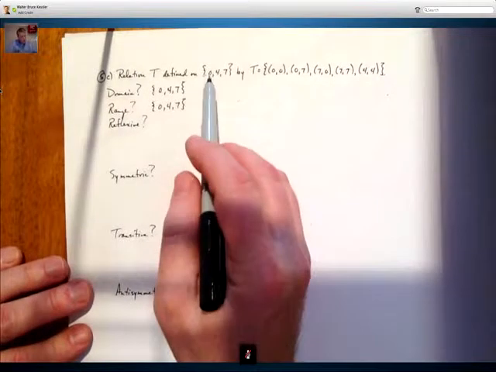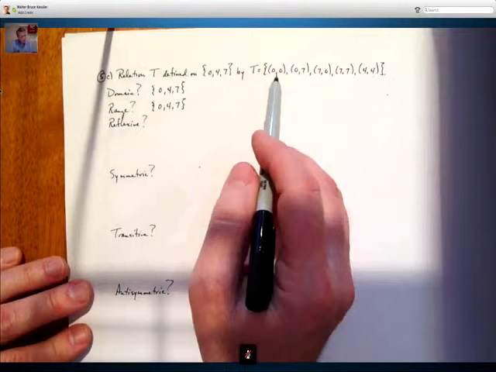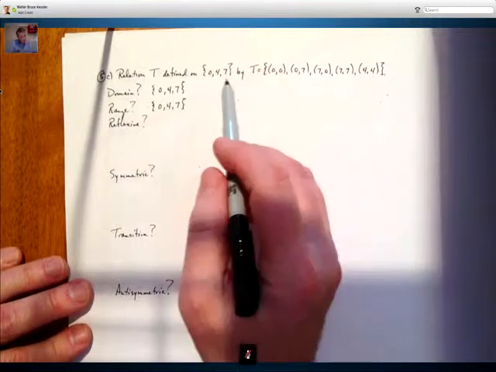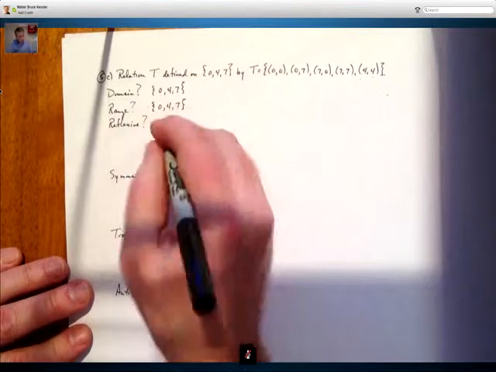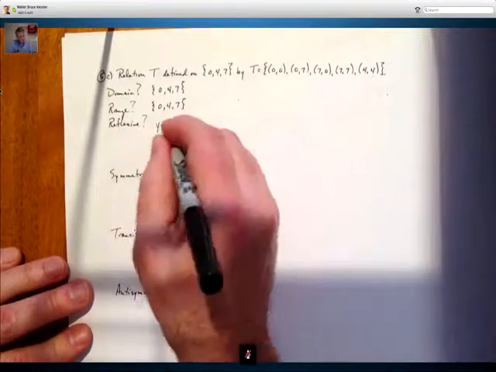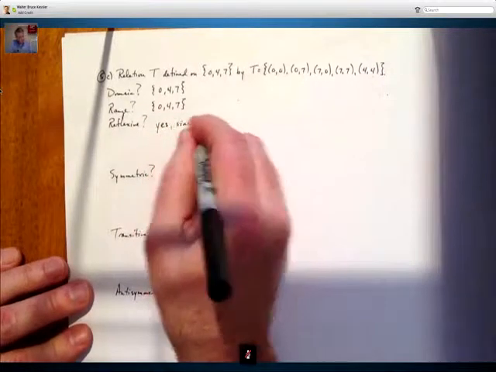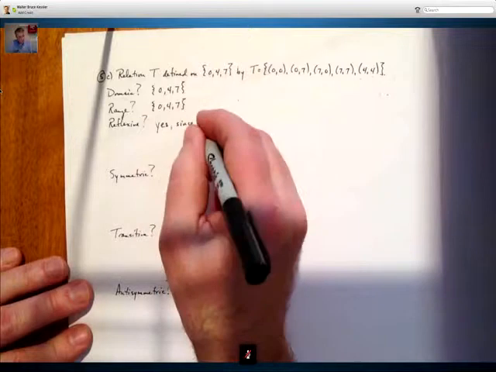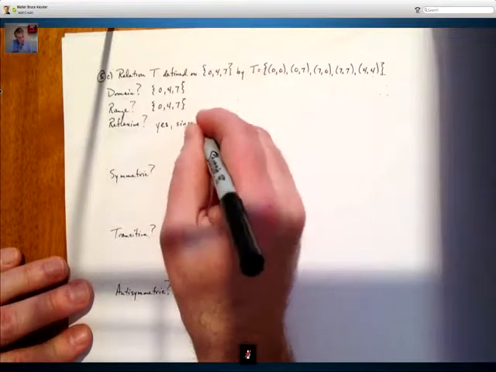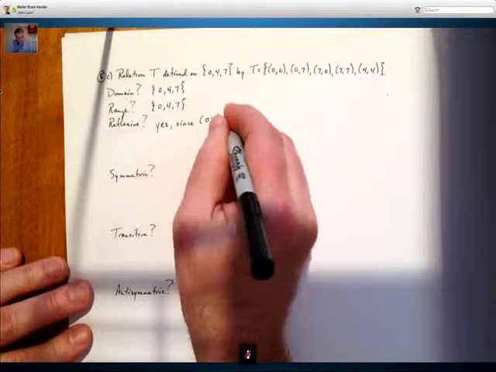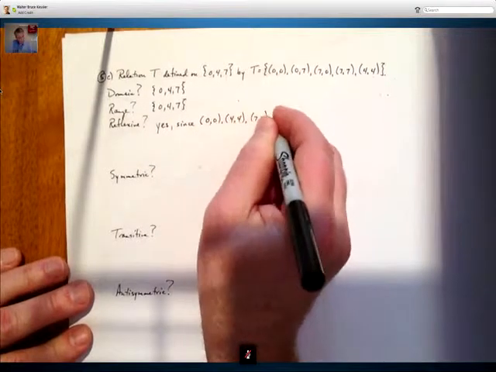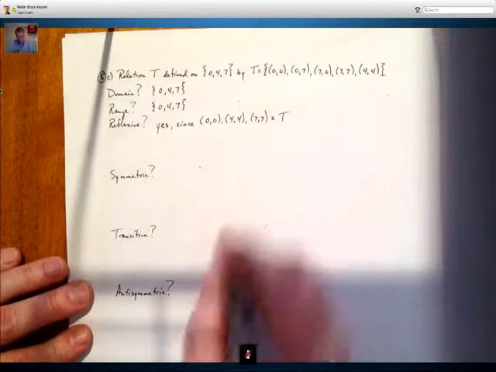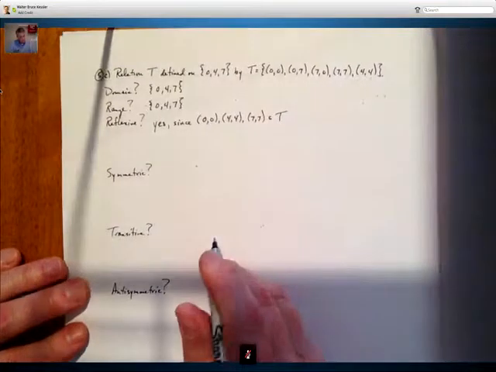Reflexive, do we have all the ordered pairs with themselves? 0, 0, 4, 4, 7, 7, we do. Yes, that is reflexive. Since there's just a small number, I'll write them out. 0, 0, 4, 4, 7, 7 are all elements of the relation.